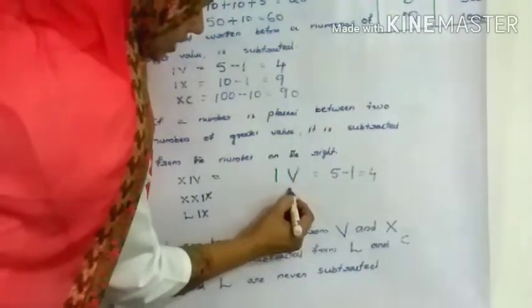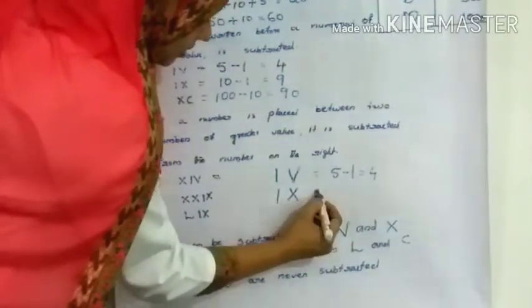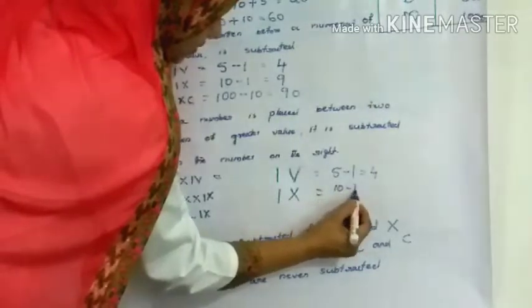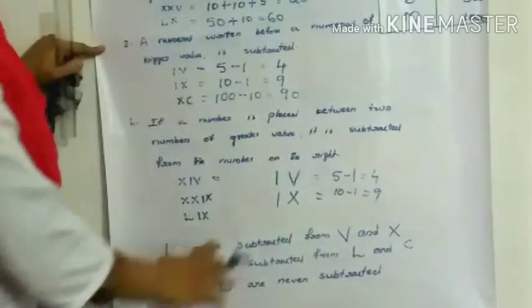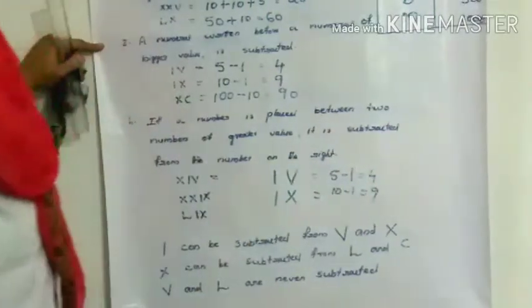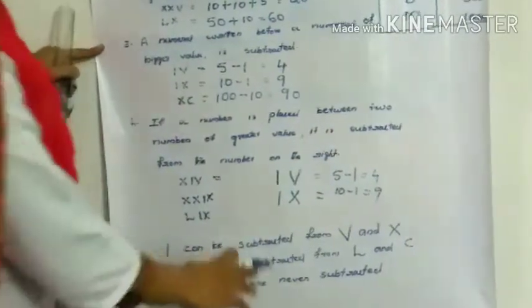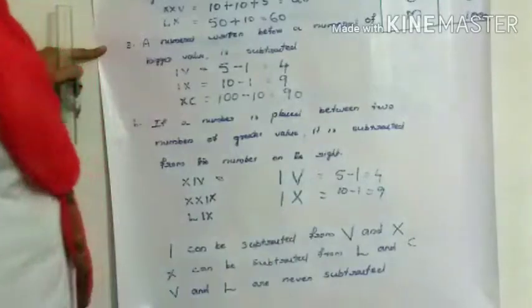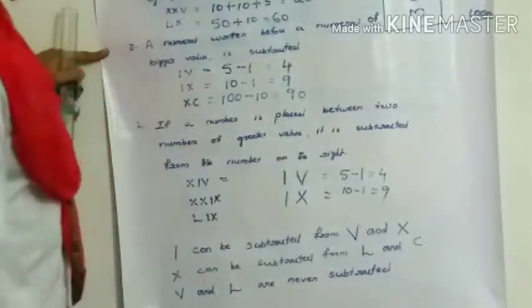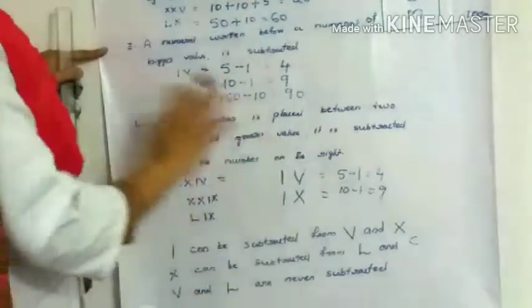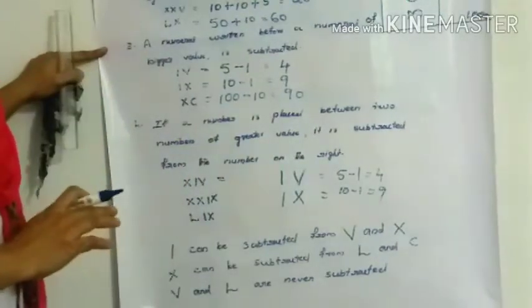Similarly, 10 minus 1, 9. We can subtract 1 from these two numerals. 5 and 10 only are used to subtract 1. Others we cannot use to subtract.